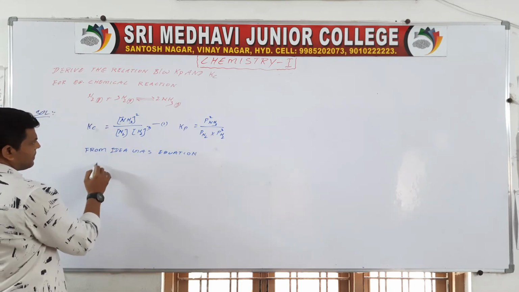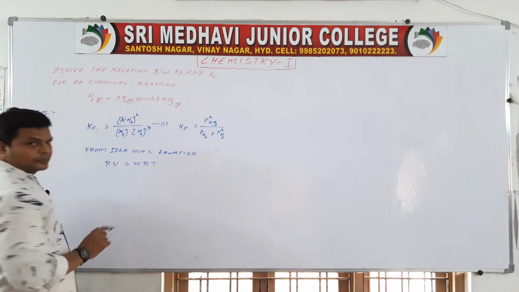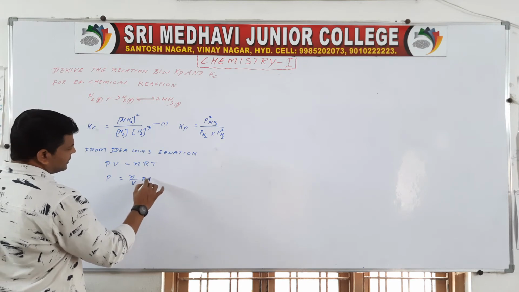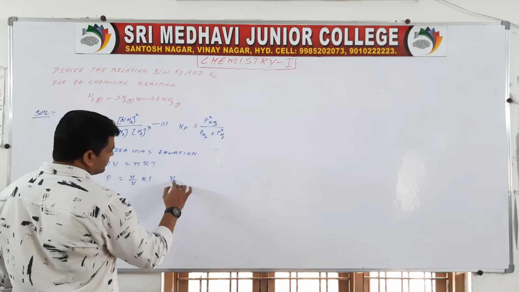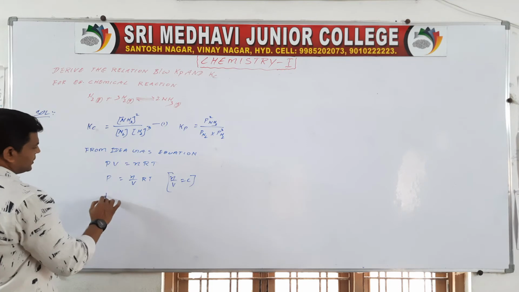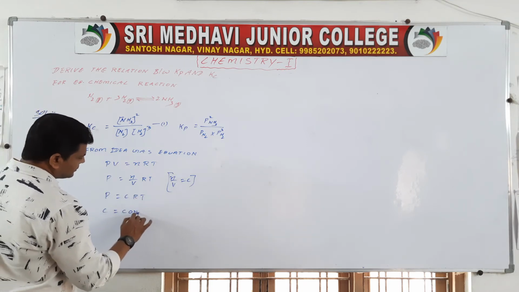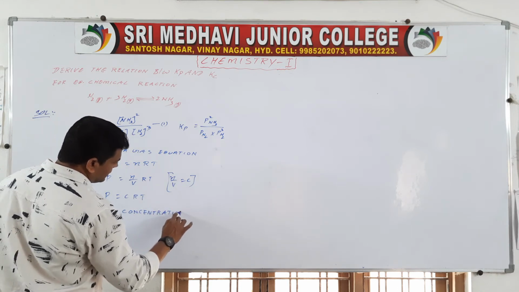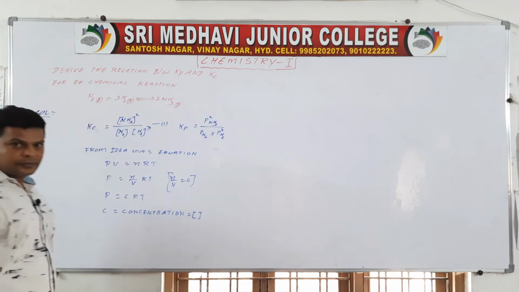From ideal gas equation, PV equal to nRT. So P equal to n by V RT. So n by V equal to concentration. So P equal to CRT, where C equal to concentration, which is equal to square bracket.